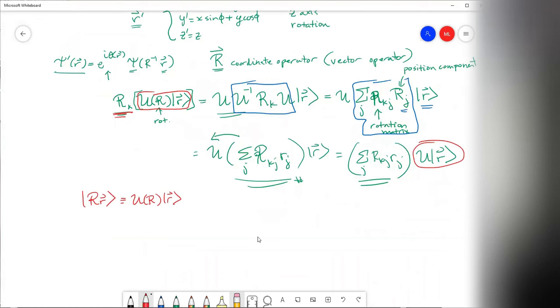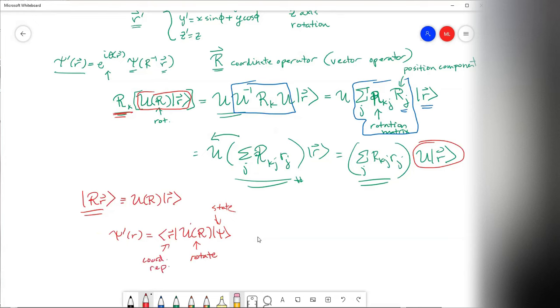And now you can use this, for instance, to understand this rotated wave function. What's the rotated wave function? Well, it must be the coordinate representation of the rotated state. This is your original state, then you rotate it, and then you do the coordinate representation.